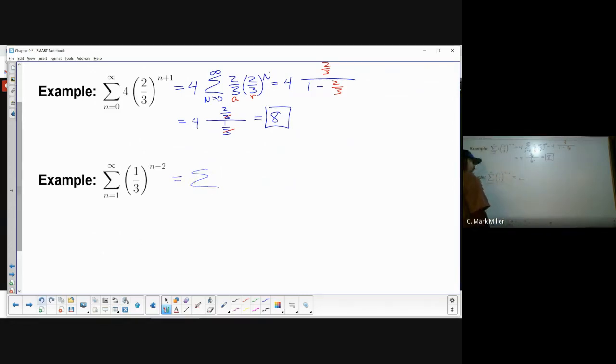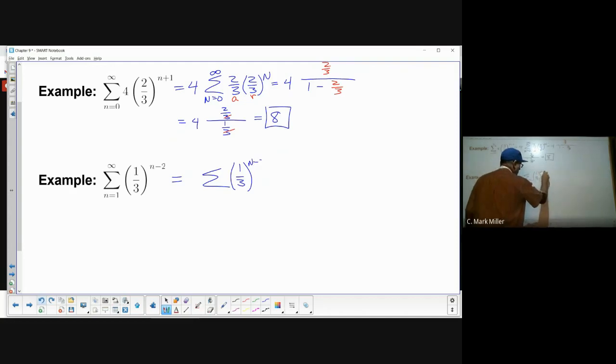Leave some space there. I need it in there. What do I do? I'm going to multiply that by that.